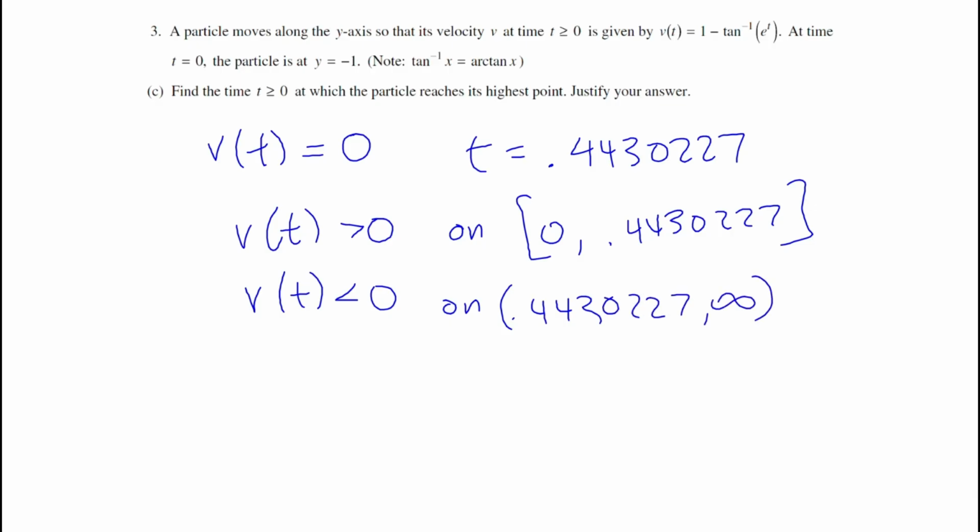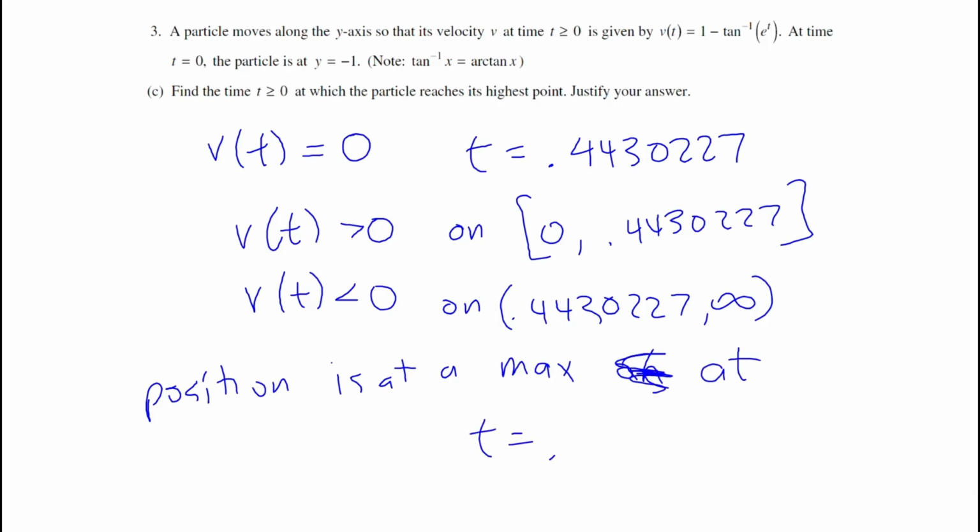So the position is at a max, not on, but at t equals 0.44302227. If the velocity is positive, it's going up, and then the velocity is negative, it's going down, right?